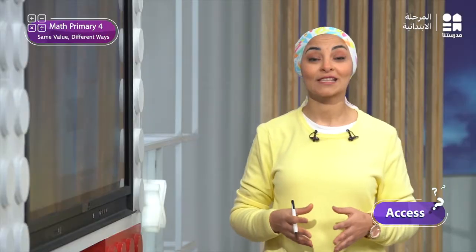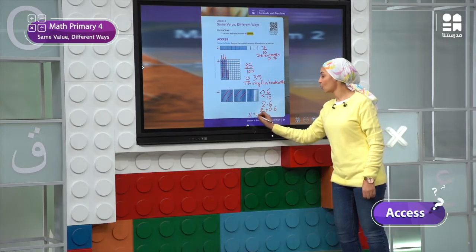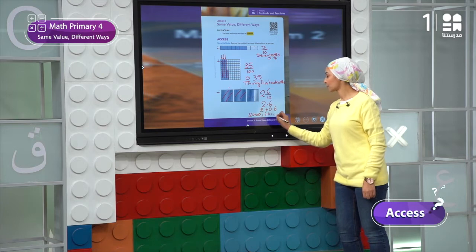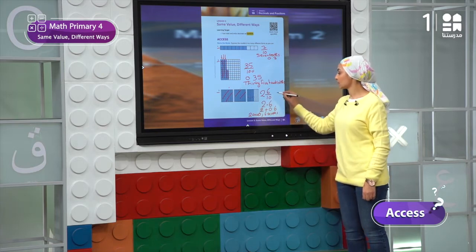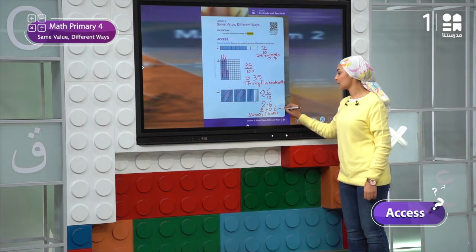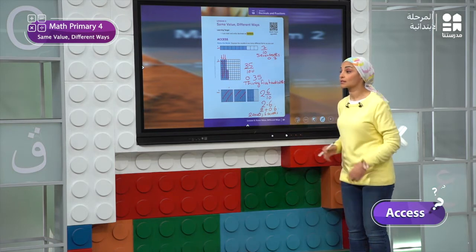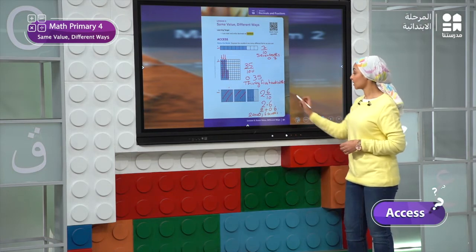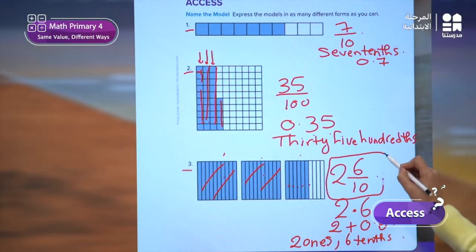Right؟ طب لو عايزة أكتبها in the unit form yes هكتب الديجيت وجنبه ال place value بتاعه. يعني 2 ones and 6 tenths. Like you see here, this is the fraction, this is decimal, this is the expanded form, and this is the unit form. And as you know that 2 and 6 over 10 is written as mixed number, right?